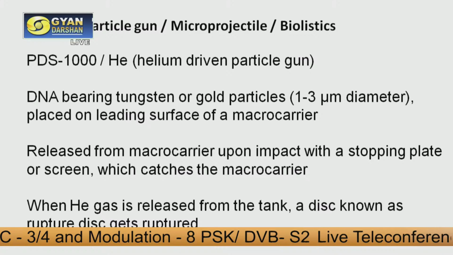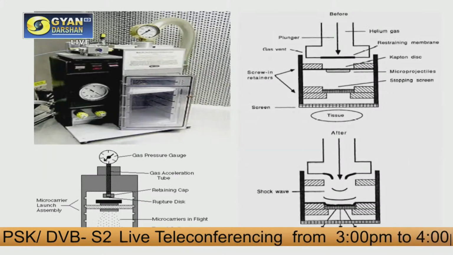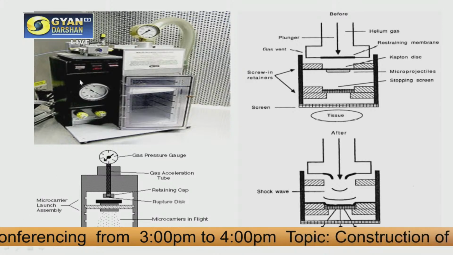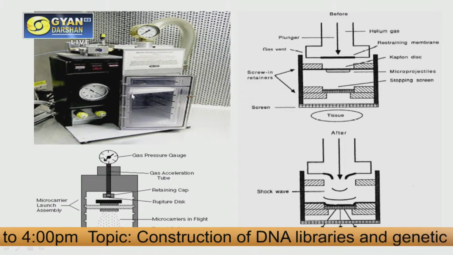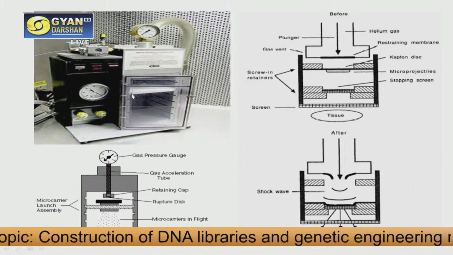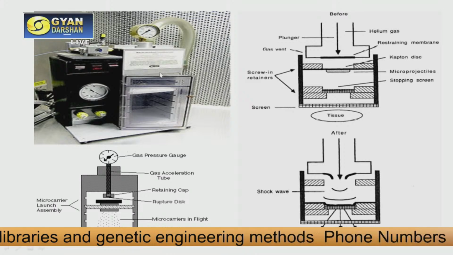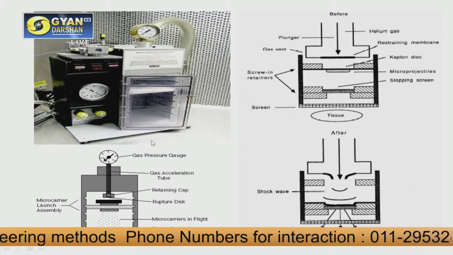When helium gas is released from the tank, so you can see that this instrument has a helium cylinder connected to it, and normally this helium gas is made to enter this particular chamber here, with a high velocity.